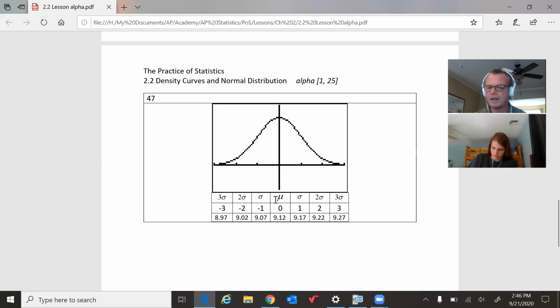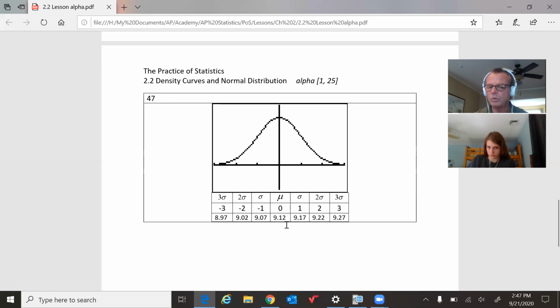So what happened is, I put the standardized scores underneath here. 0, you're right at the center. 1 to the right, 1 to the left. And we counted out 3 each way. You don't need this line where it says mu, sigma, 2 sigma, 3 sigma. But we're just trying to begin to show you where this stuff is.